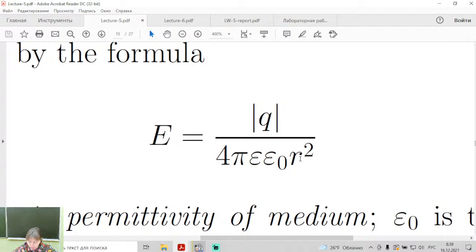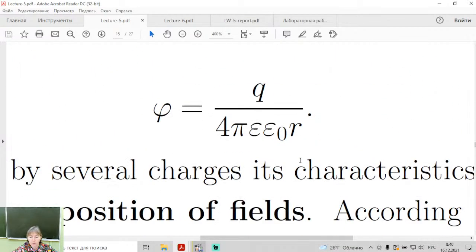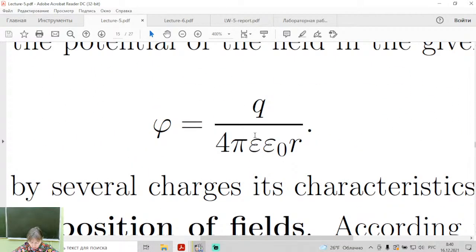At the same time, the potential of the field at the given point is calculated by the formula here. If the field is created by several charges, its characteristics are calculated from the principle of superposition of fields.